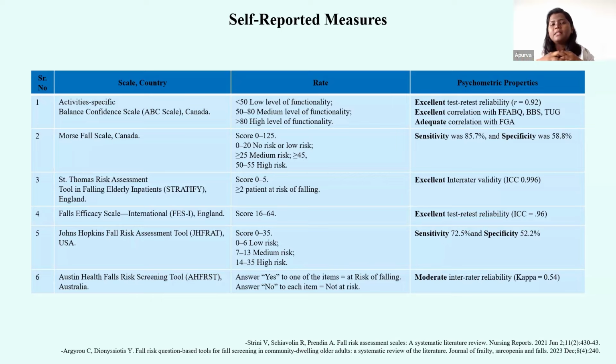If you want to assess the self-reported measure, their own perception about their fall, we will usually go for the FES scale, or the short version of FES, or the Activities-specific Balance Confidence scale.